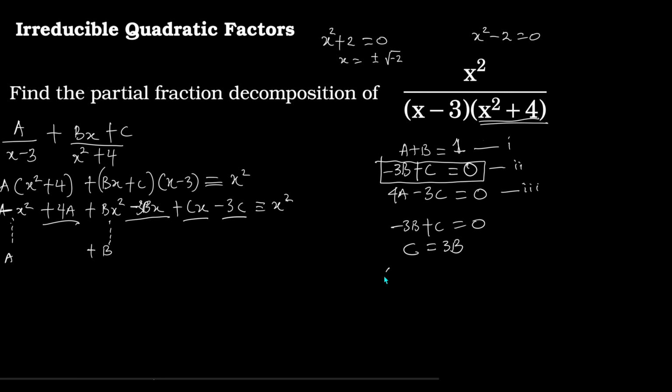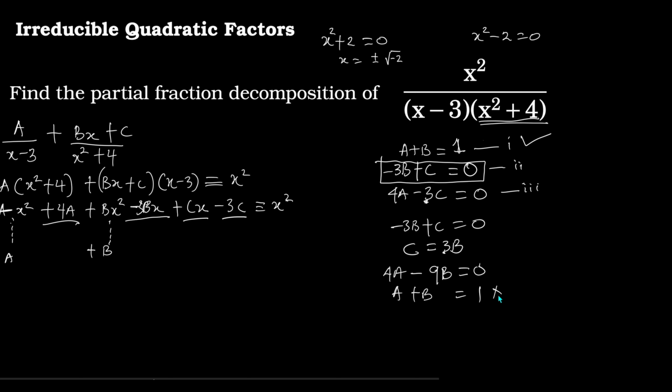So I have 4a minus 9b, because you have a 3 here and then you have 3 then b, so 3 times 3 is 9, so equals 0. Now we can match this up with equation 1, which is a plus b equals 1.